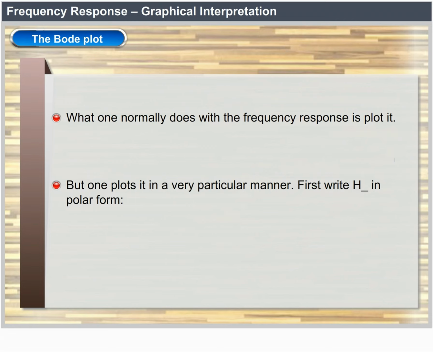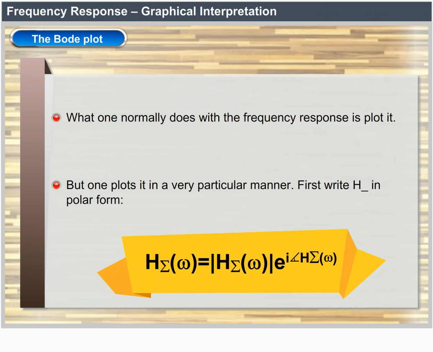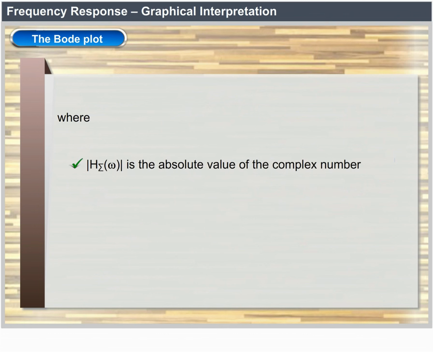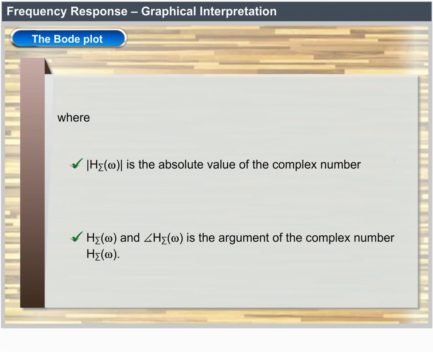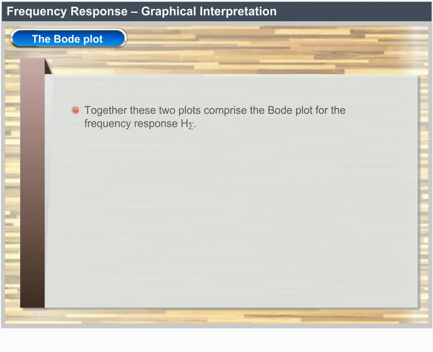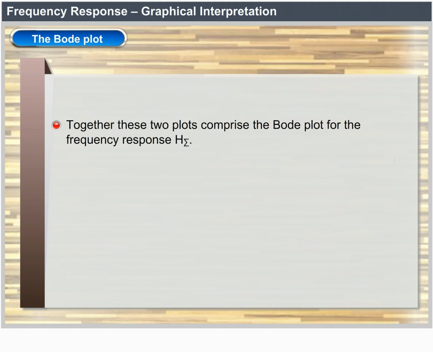First we write H in polar form: H(jω) = |H(jω)| e^(j∠H(jω)), where |H(jω)| is the absolute value of the complex number H(jω) and ∠H(jω) is the argument of the complex number H(jω). Together, these two plots comprise the Bode plot for the frequency response H(jω).